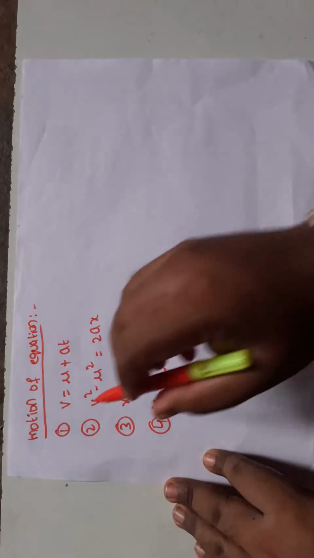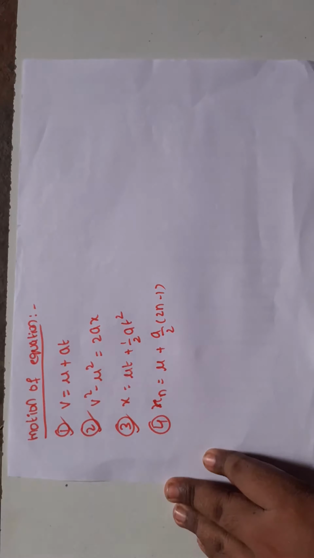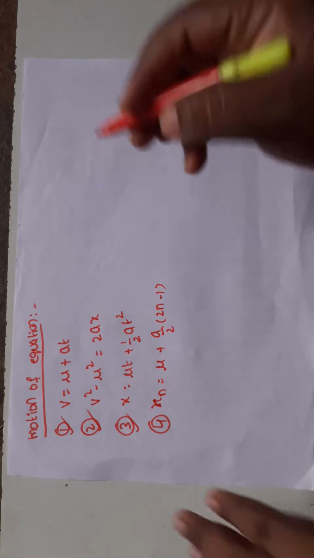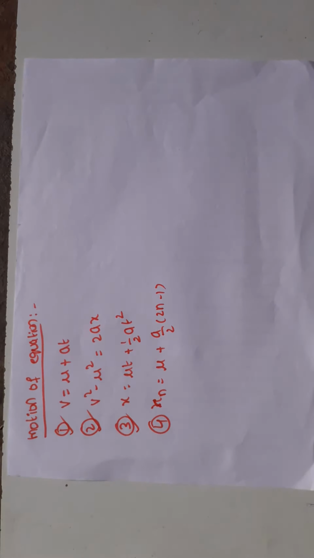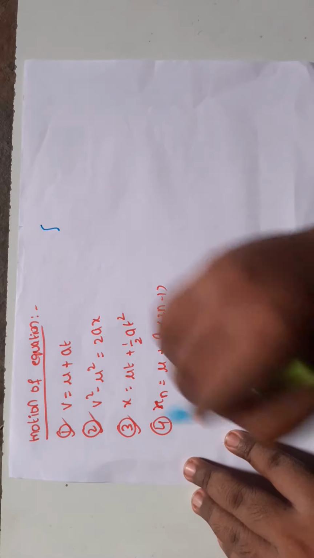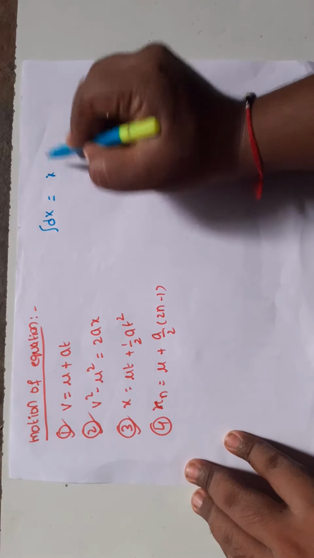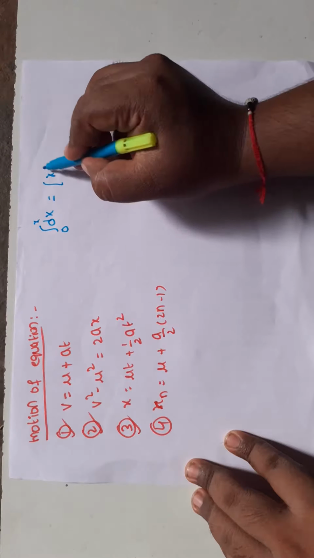We have already derived equations 1, 2, 3 using the calculus method. In this derivation, we learned some integration formulas. What are those formulas? First of all, the integral of dx equal to x, with limits from 0 to x.